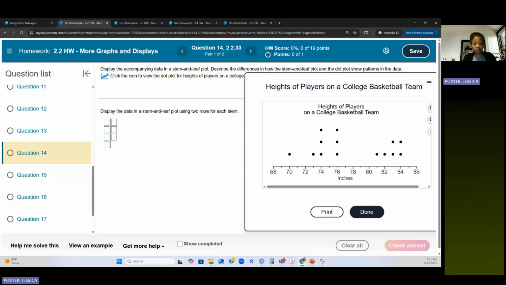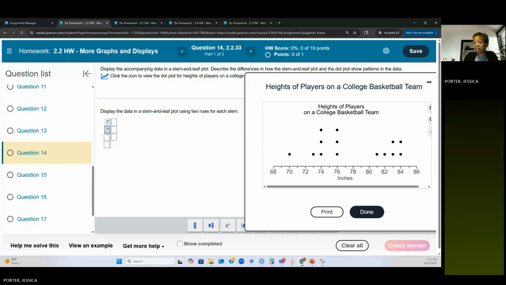What are our stems going to be in this case? What's going to be to the left of that line? There's going to be a 7 and an 8. So 7, 7, and they said 2 rows for each stem this time. So 8 and 8.